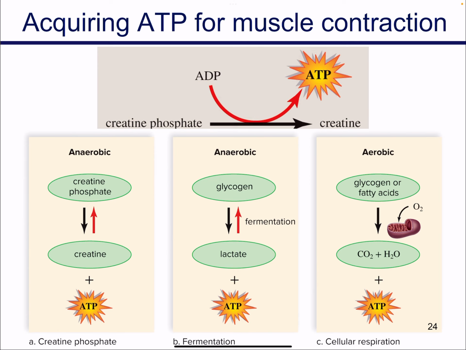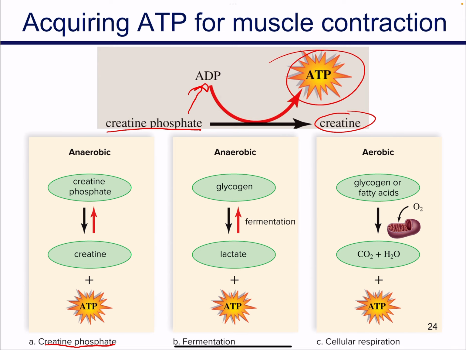So now, acquiring ATP, basically you have creatine phosphate that is going to give a phosphate to ADP. By giving a phosphate to ADP, ADP becomes ATP. So that's good. We have production of ATP, and creatine phosphate becomes creatine, right? During anaerobic condition, creatine is going to be a good source of ATP, okay?